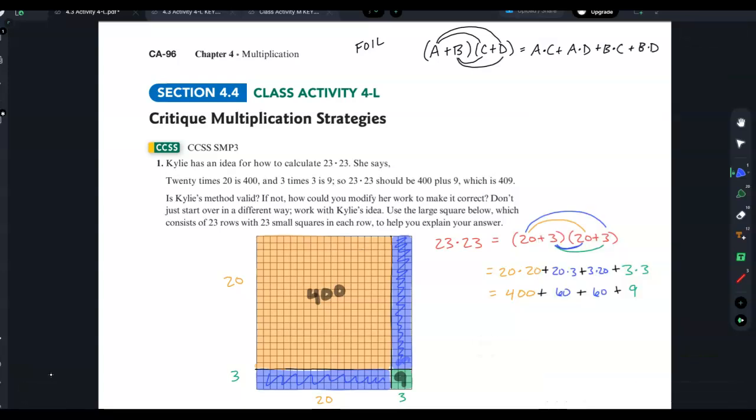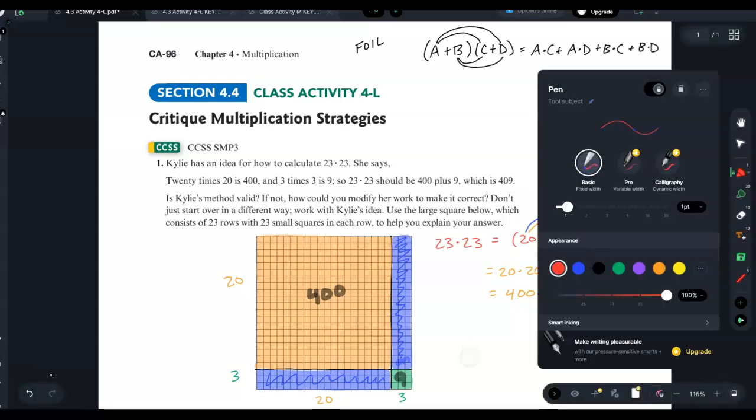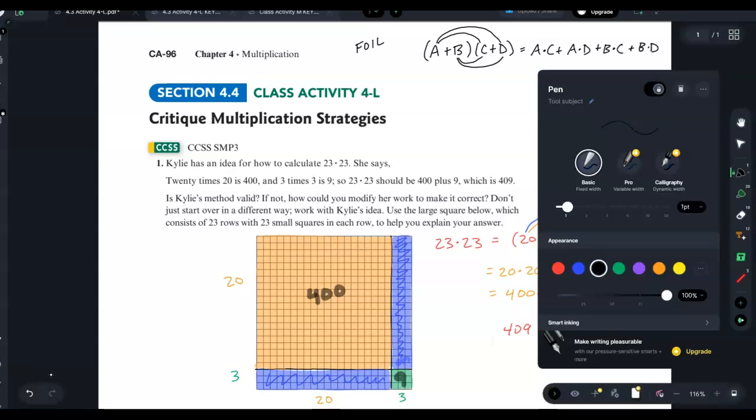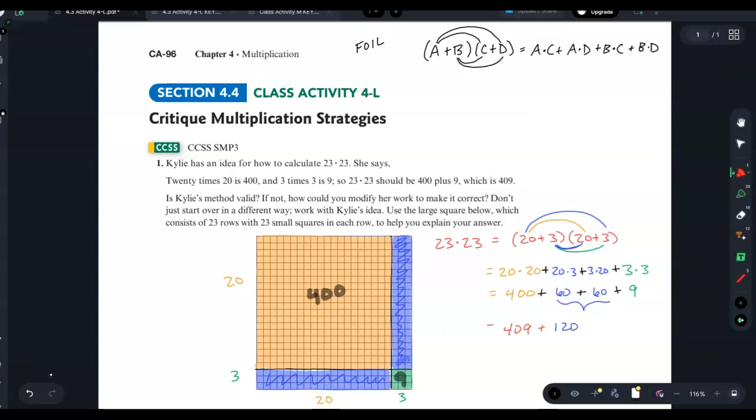We would need to add these extra 60s here, right? So you're going to get the 409 that she got, but then we would need to remember to add in that extra 120. So if we want to use her idea to find a way to do this, it would work. We just have to remember to put in those extra rectangles that we were missing with her method. So this should be 429. I'm sorry, 529.